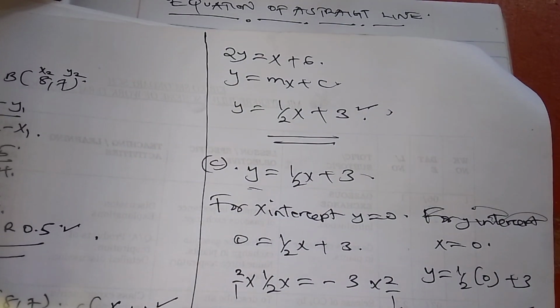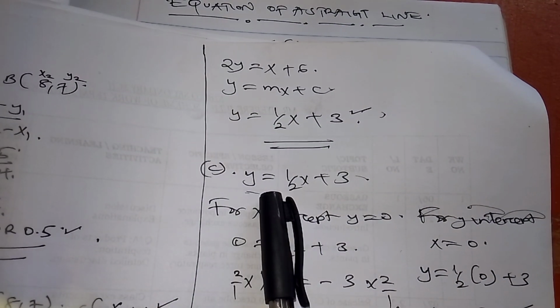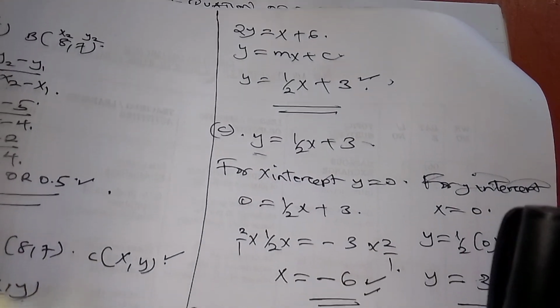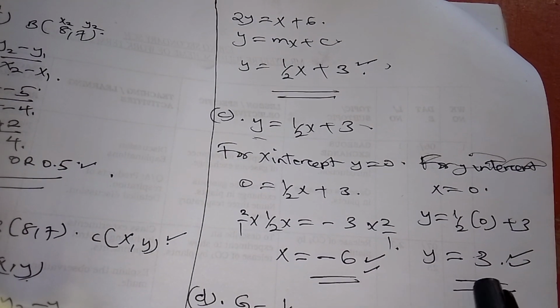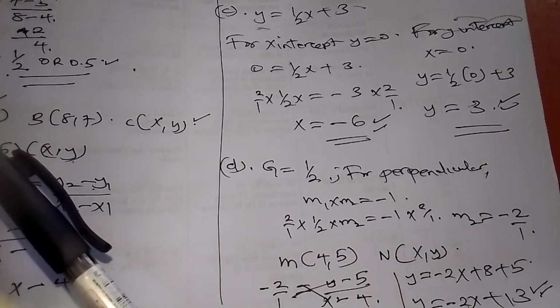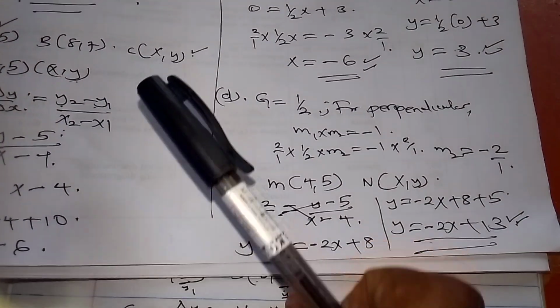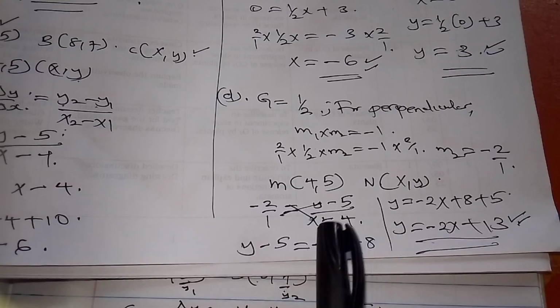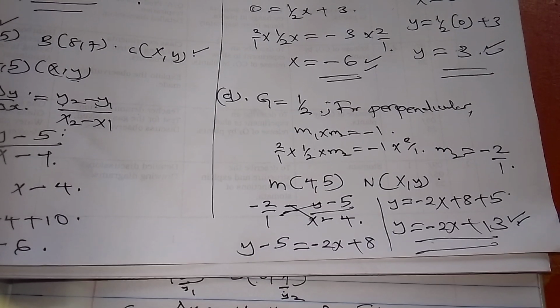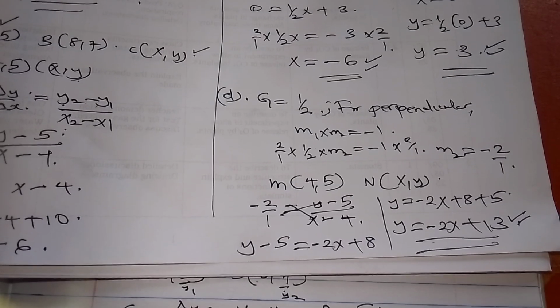Then in question 3, we were to determine the x and the y-intercept. The x-intercept is negative 6, and the y-intercept is 3. And the last question was to determine the equation of the line XY, which is perpendicular to AB at a point M, and M was 4, 5. So that is our question for today.